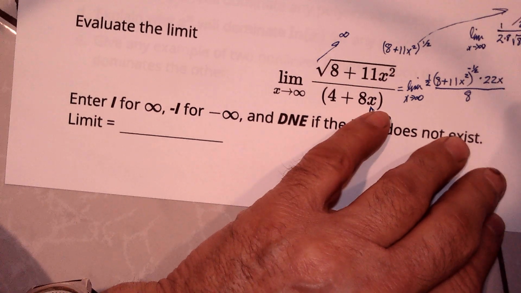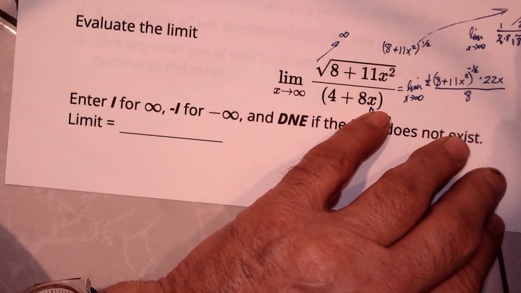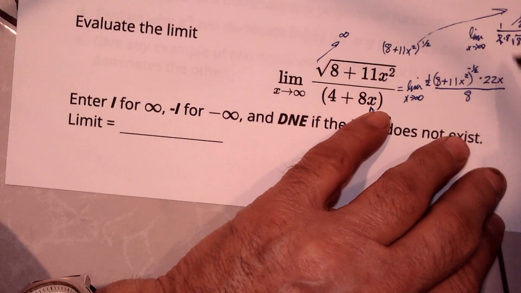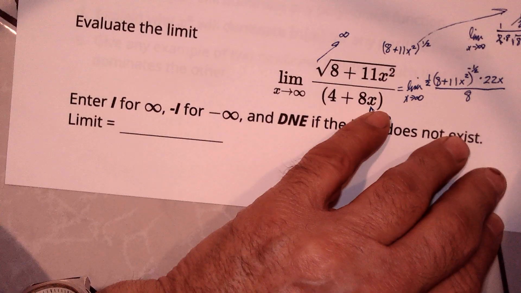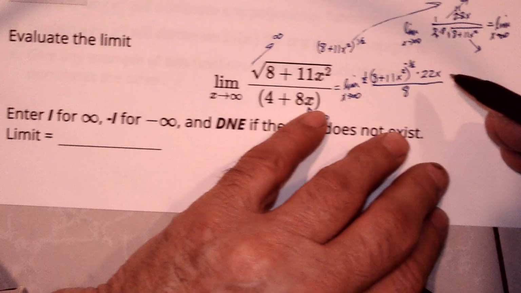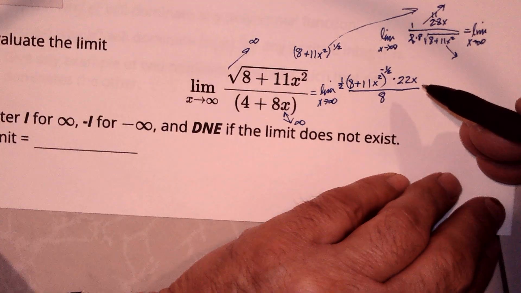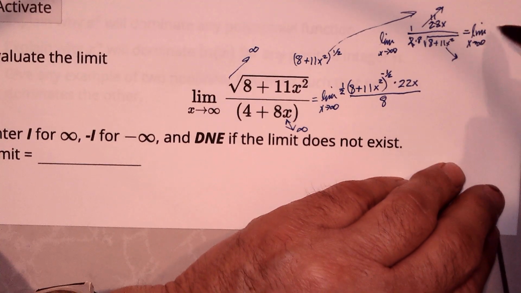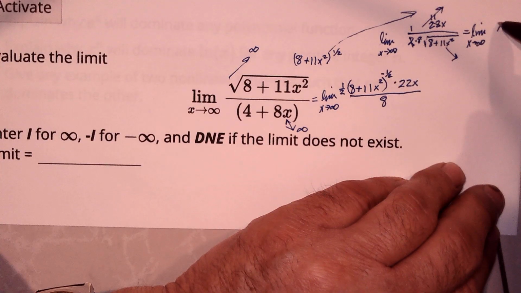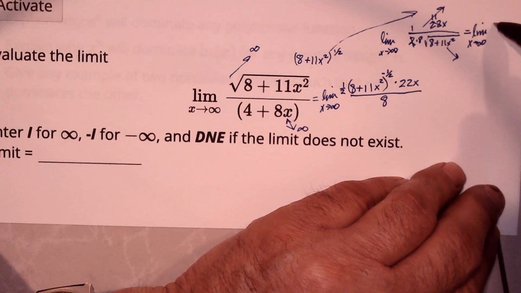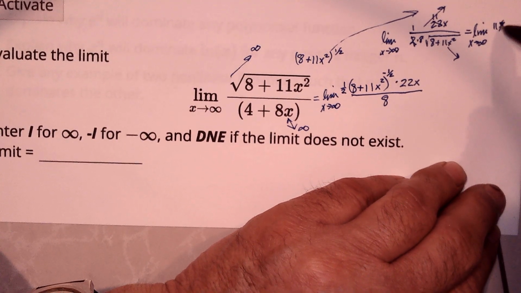So let's see, the 2 can go into 22 and make 11. And so we get the derivative of the numerator. The derivative of the numerator is 11.